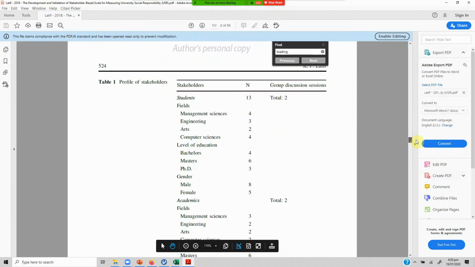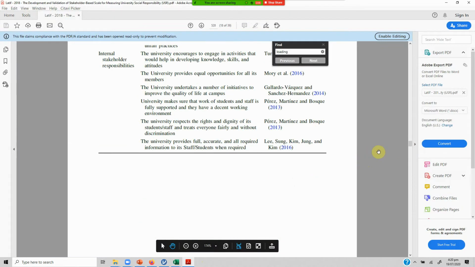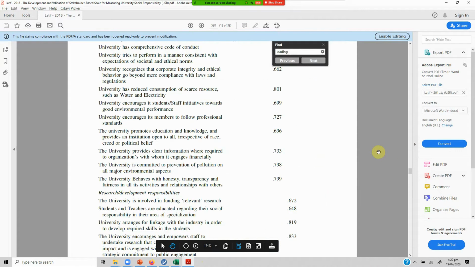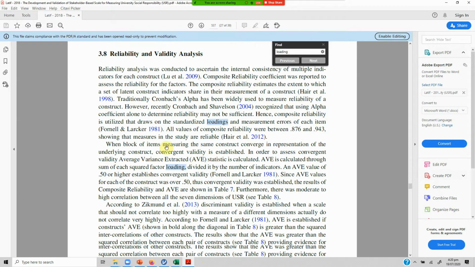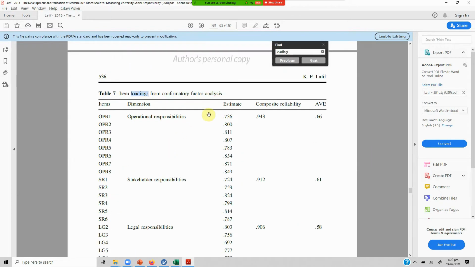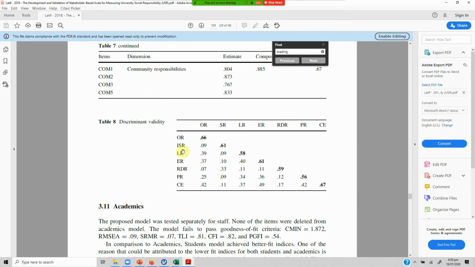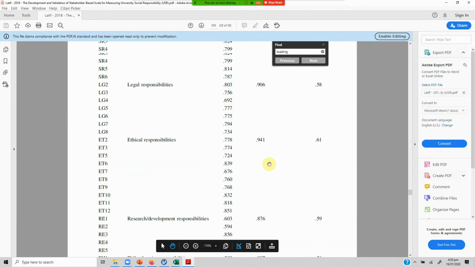In the analysis section. You can look at these papers, they'll be in the description as well. This is how you report the dimension, the loading estimate, the composite reliability, and the AVE in a single table. For discriminant validity, just create another table. And how do you write about it?